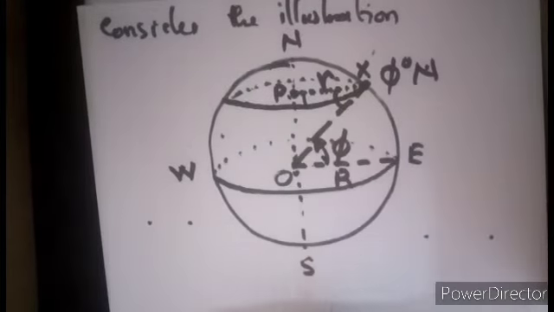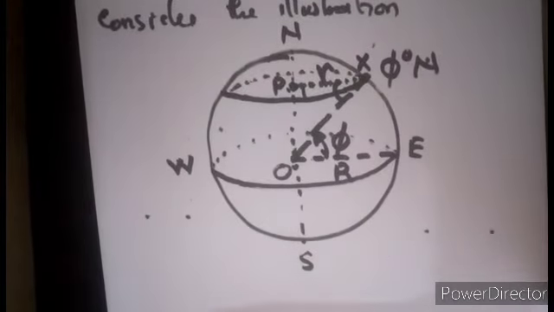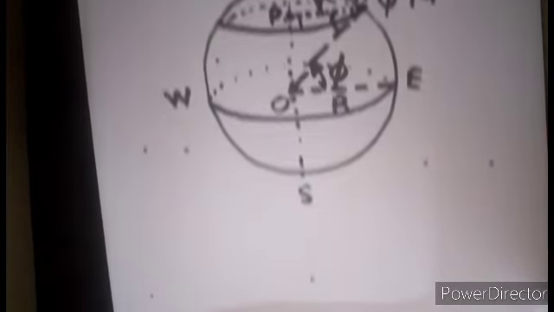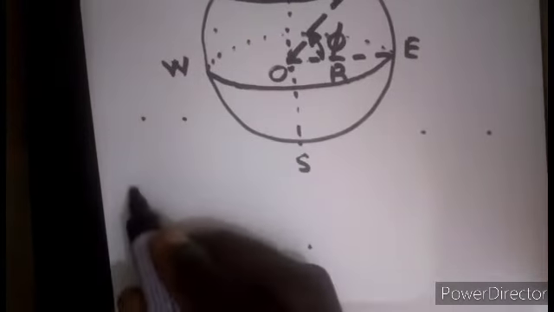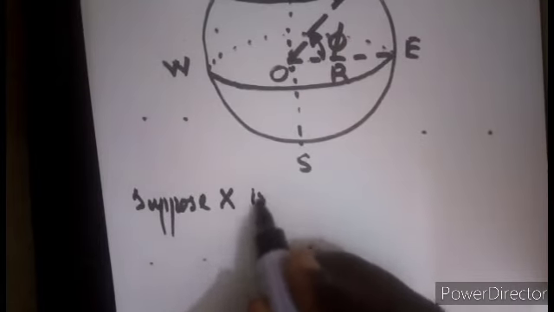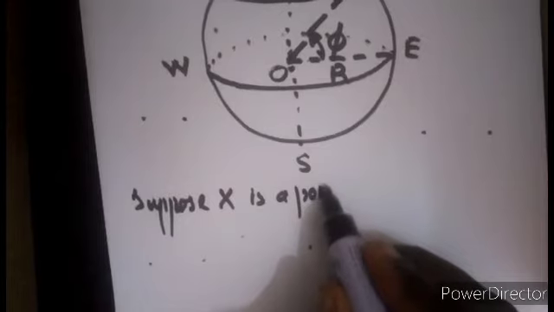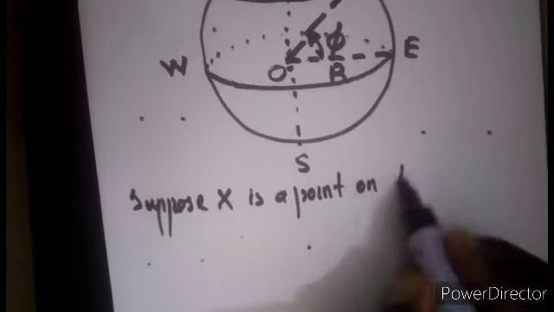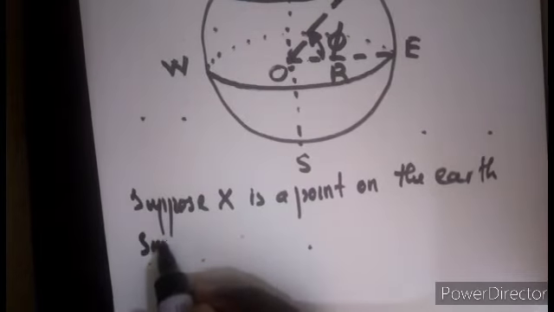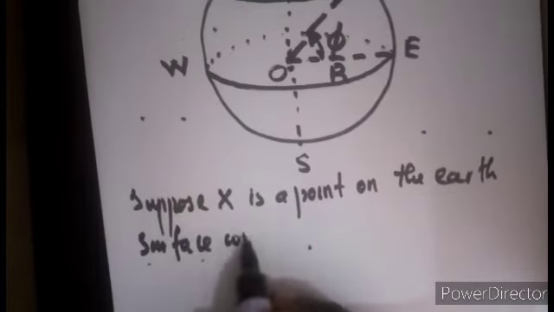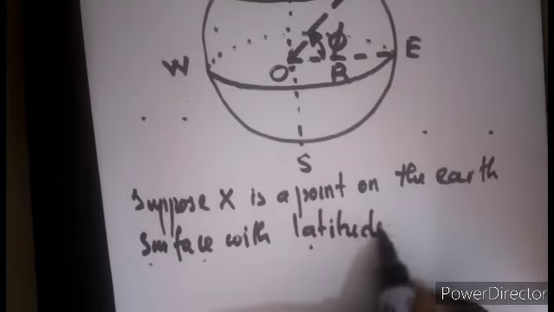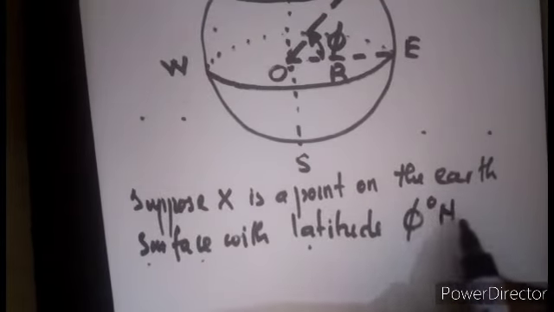So suppose X is a point on the earth surface with latitude 5 degrees north.